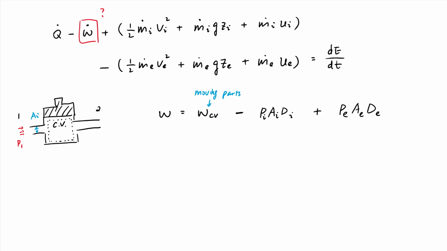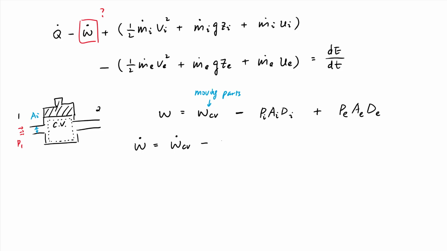And if you take a look at the equation on top of the screen in the red box, what we need is W dot. However, what we have right now is W. That means we just need to simply divide every single term by time. W over time is W dot, and in the right hand side, W_CV over time will be called W dot CV.